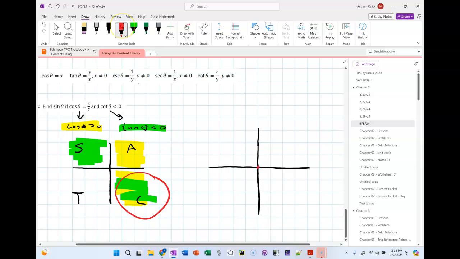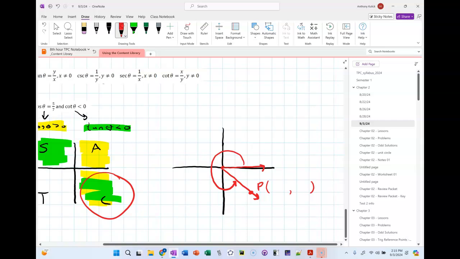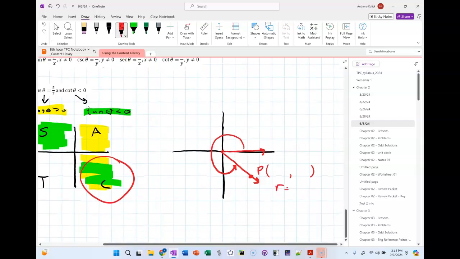So I'm going to draw my picture now of my angle. And I'm going to use my point definition here. So to do that, I'm going to need to figure out what the x and the y and the r are for this angle. Everybody's okay?